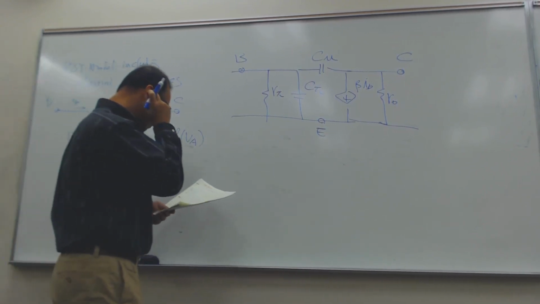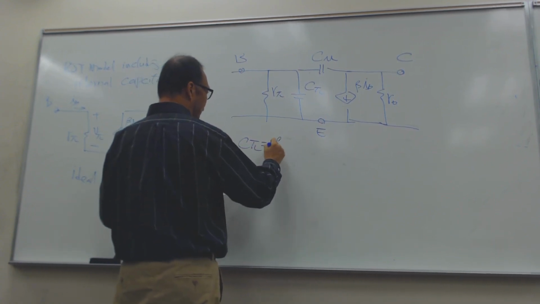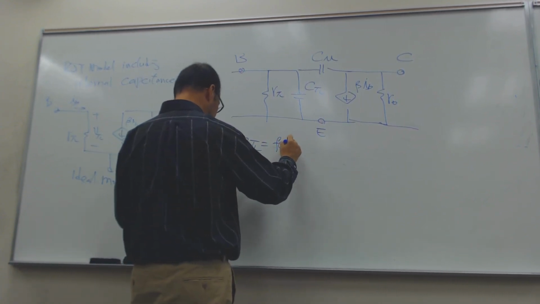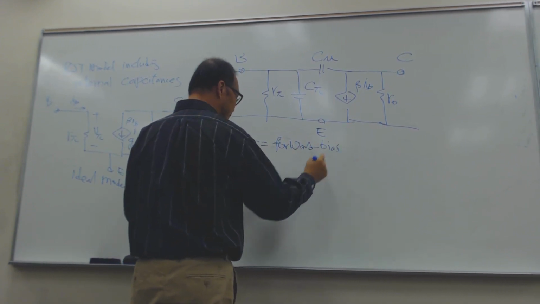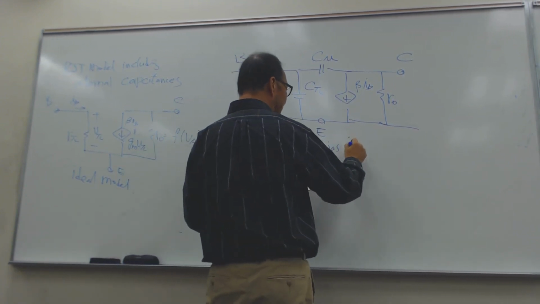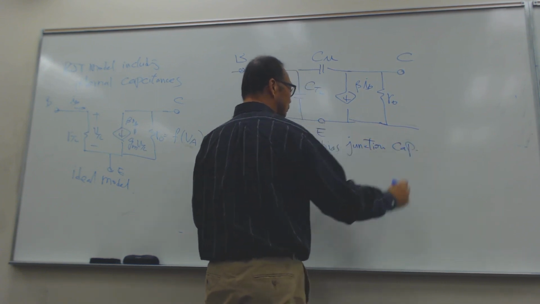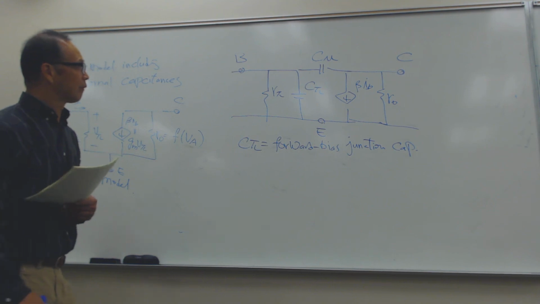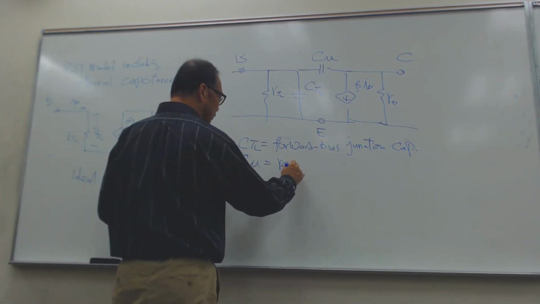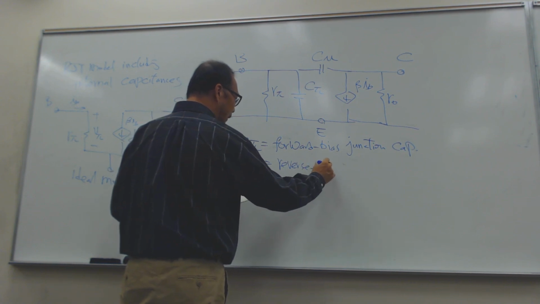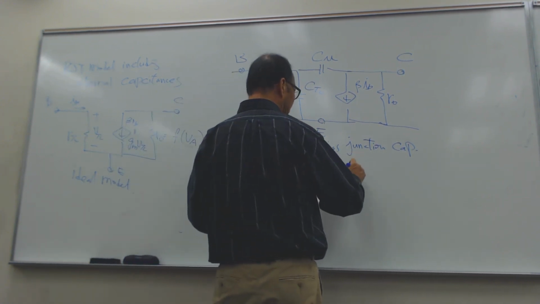C sub pi is called the forward biased junction capacitance, and C sub mu is called the reverse biased junction capacitance.